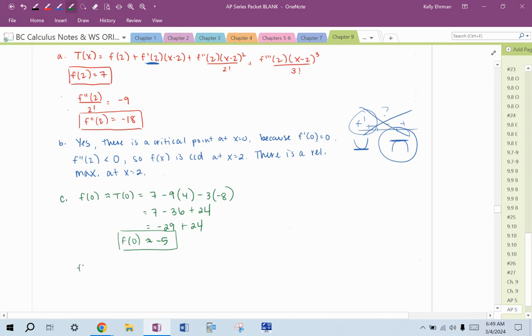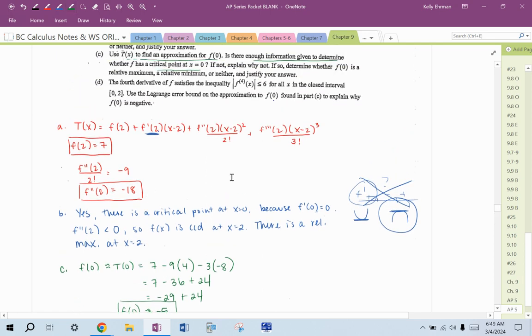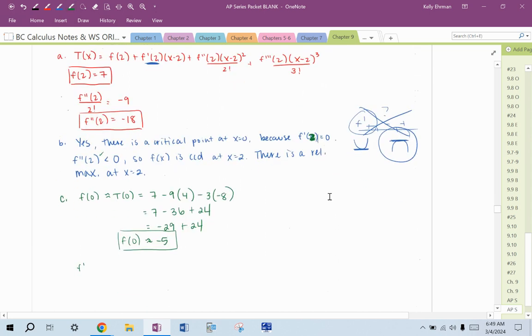But for this, we would need to know at x equals 0. Oh, I'm sorry. Back here, we knew that f prime of 2 equals 0. I wrote that correctly here, but not here. Sorry. So what we would need for this problem is f prime of 0, and we don't have that information. So there is not enough information to determine a critical point at 2.